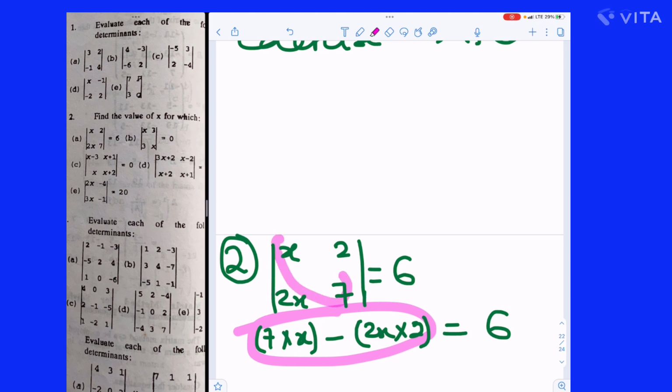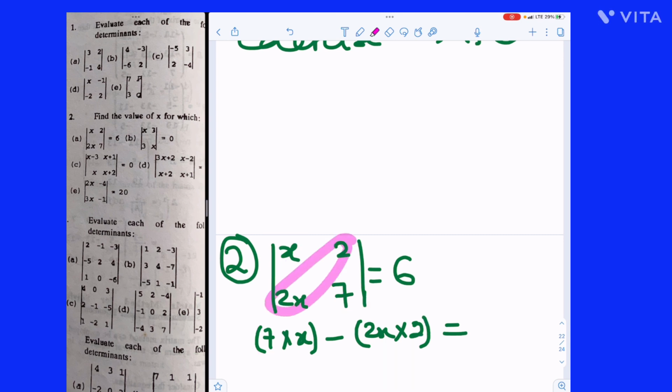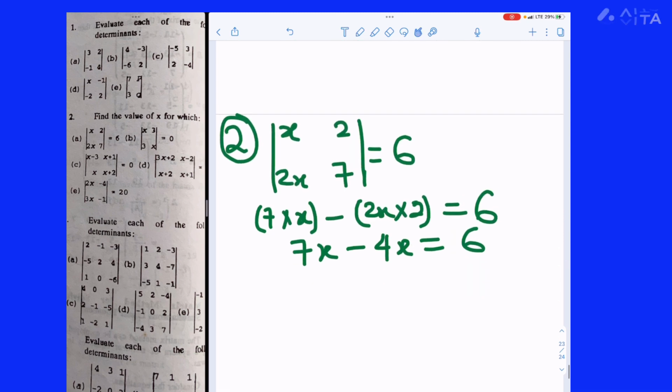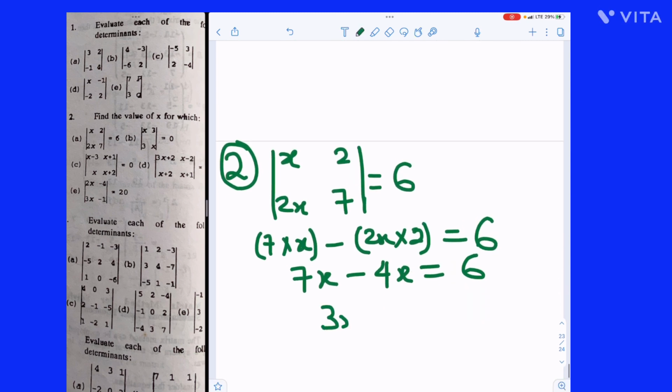7 times x minus 2x times 2. So 7 times x is 7x. 2x times 2 is 4x. So 7x minus 4x is equal to 6. 7x minus 4x is 3x. 3x is equal to 6.